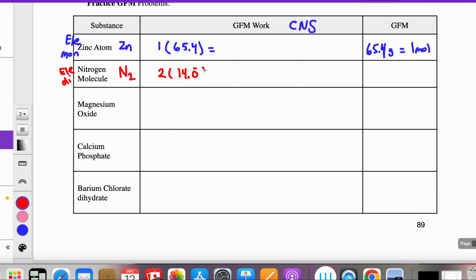So I have to have that digit in the tenths place. There's only nitrogen in this formula, and there are 2 atoms of it. So my math is simply 2 times the 14.0. Pretty simple math here. So the GFM of nitrogen is that there are 28.0 grams of nitrogen in 1 mole of nitrogen.